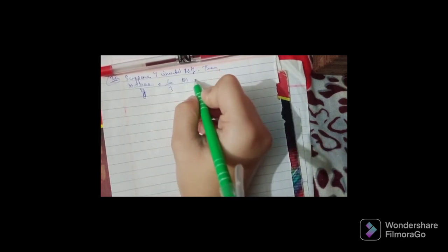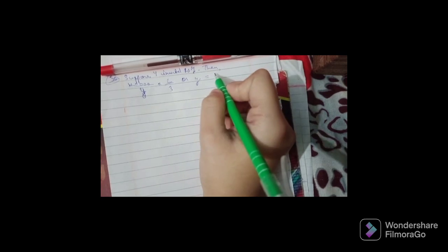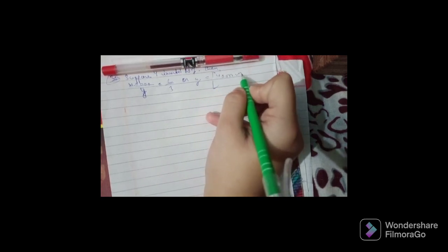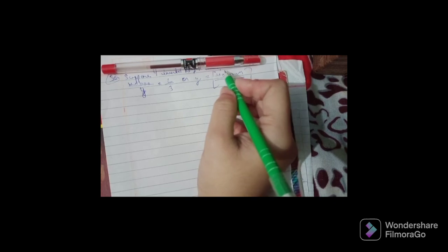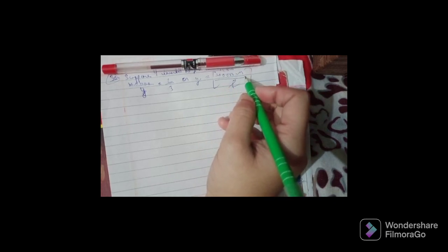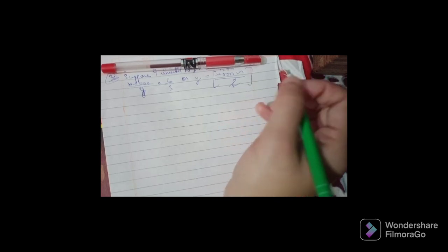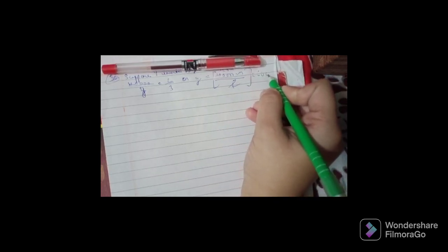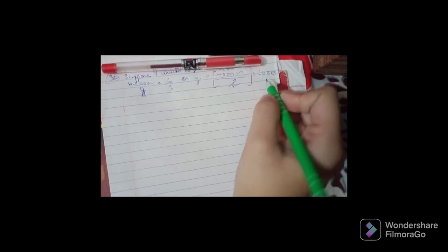Or we can say that y equals 40,000 into 3/2. So here we cancel it out. 2 1s are 2, 2 2s are 4, and 3 zeros, so that is 20,000 into 3, 2 3s are 6, so that again gives you 60,000. So that will be the answer.